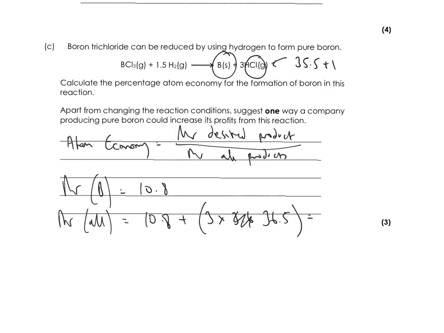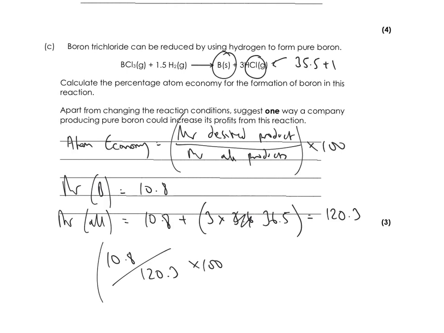And if you do that and add it all together, that gives you 120.3. So the atom economy is going to be 10.8 divided by 120.3 times by 100. Sorry, I should have put that at the top here. It's a percentage, so you've got to do your fraction, then times by 100, and that gives you 8.98%.